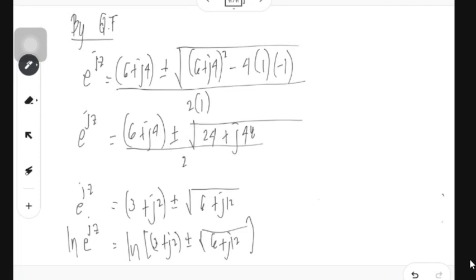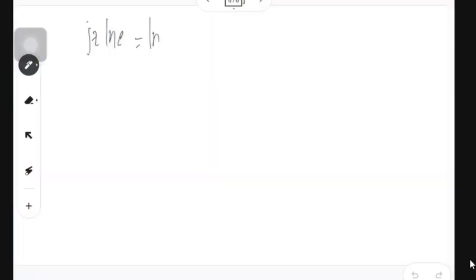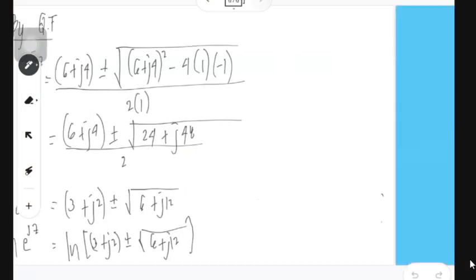Then using property, bababa natin yung jz, magiging jz ln of e is equal to the natural logarithm of 3 plus j2 plus or minus the square root of 6 plus j12.